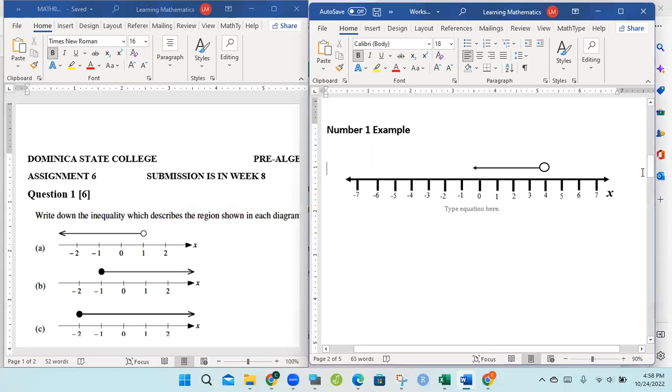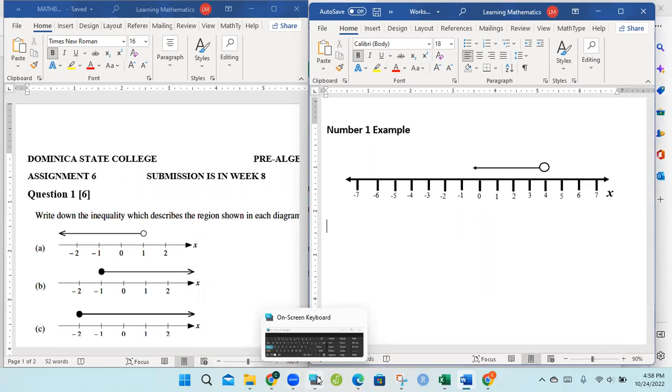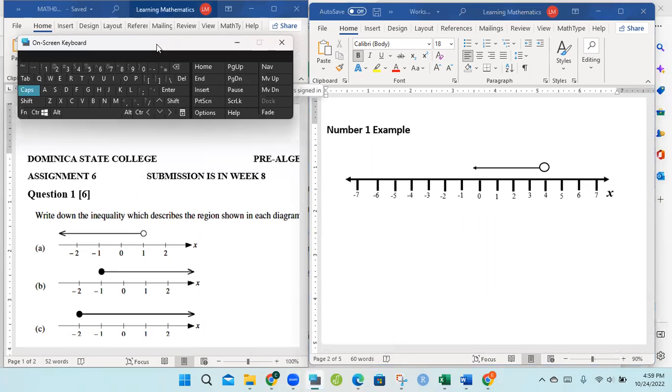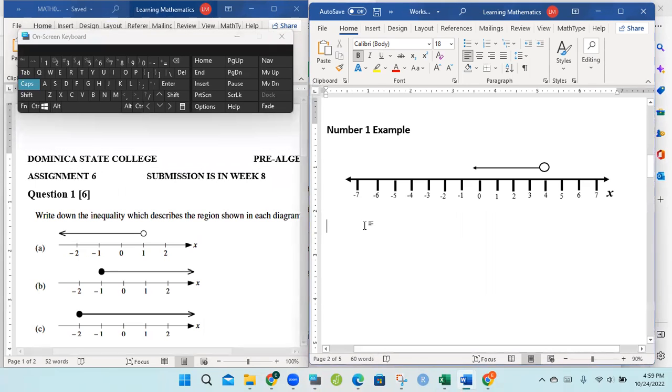I'm going to write it in words first and then convert it to mathematical notation. Although the question does not require that you do that, you can even practice doing that. This diagram is showing all the numbers that are less than 4.